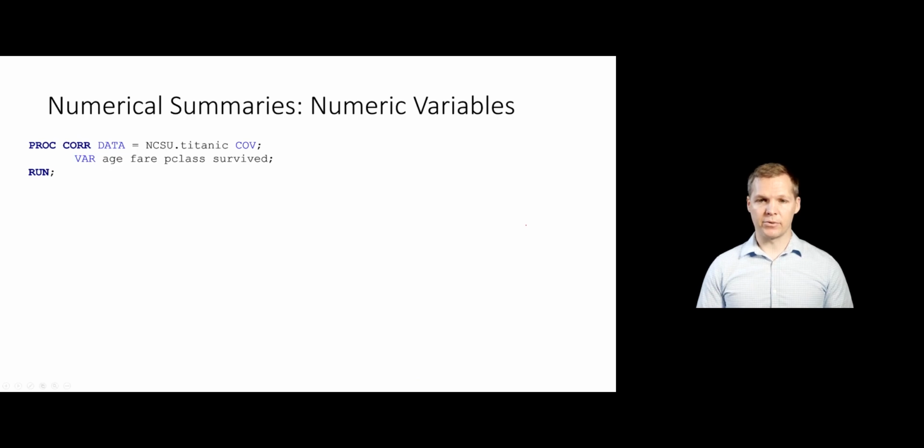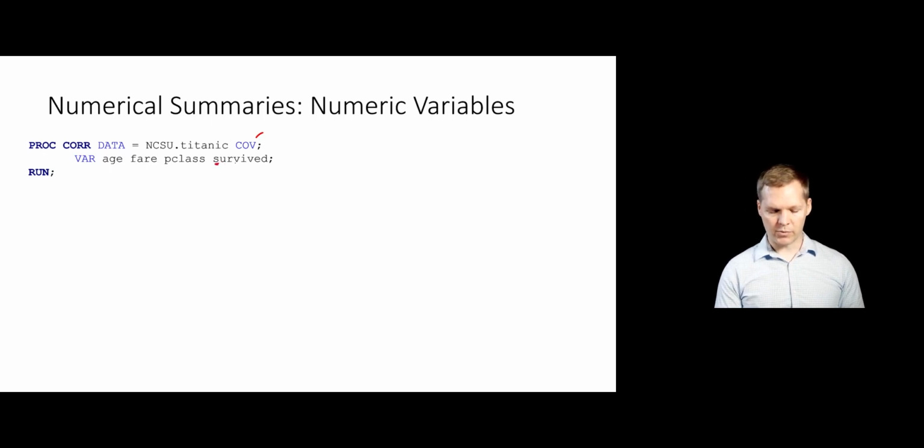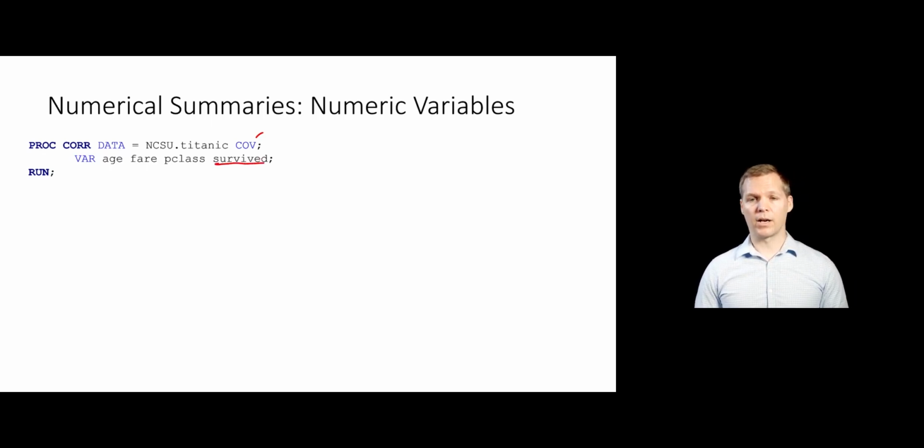And we'll need a data set to analyze here. So we'll go back to that Titanic data set that we read in previously. We're going to request the covariance up here by using the COV option. And then we're going to specify the variables that we want to calculate the correlations and covariances of in the VAR statement. You might notice here that we are using the survived variable, which was 0 and 1. It's okay to include a binary variable in correlations.